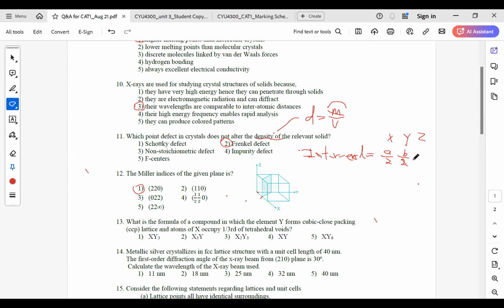Where is the intersection? There is no intersection, right? So it is going to intersect at infinity.